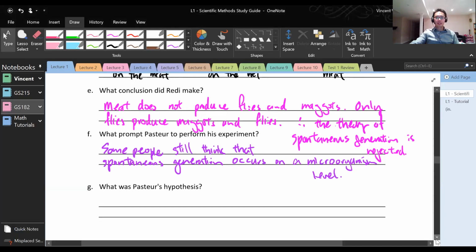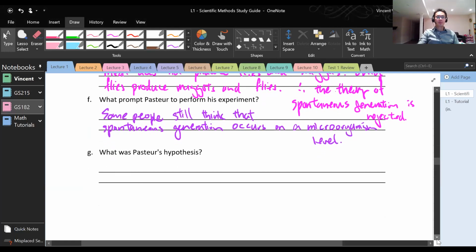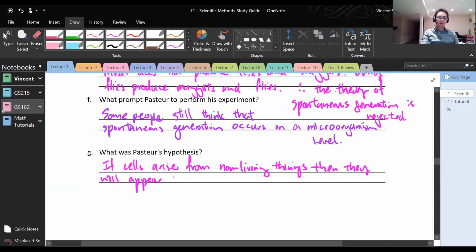So what did Pasteur hypothesize? He says that if cells arise from non-living things, then they will appear from sterile broth.